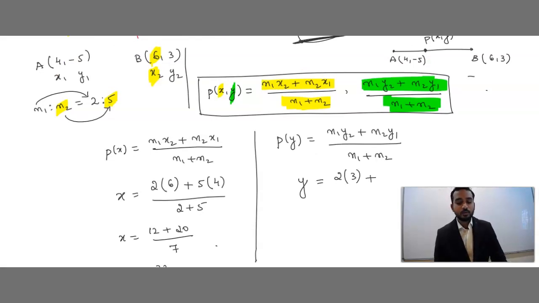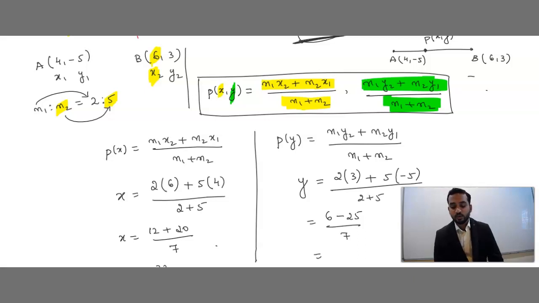Plus m2, it's 5. y1, it's minus 5, divided by m1 plus m2, 2 plus 5. Correct? Yes. 2 3s are 6, plus 5 into minus 5, minus 25, divided by 2 plus 5, 7. 6 minus 25, in 6 can we subtract 25? No. No means minus. 25 minus 6, it is 19 by 7.